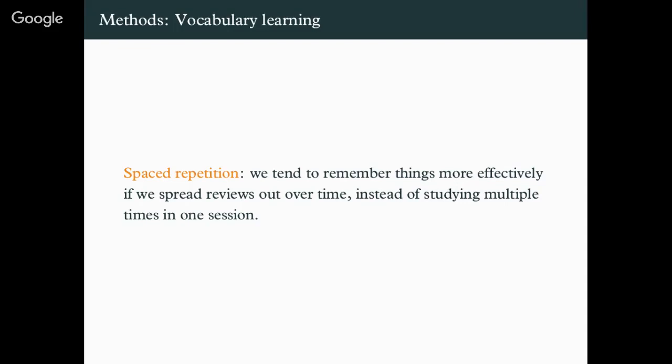So cramming before the exam is not the most efficient way to learn things. The more often we recall a certain fact, the greater the chances we will memorize it correctly. So this is one of the principles of our method.